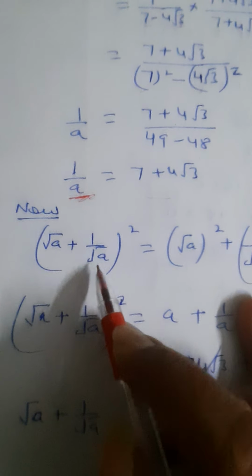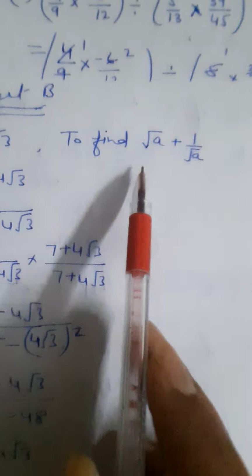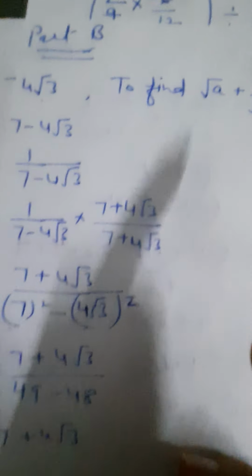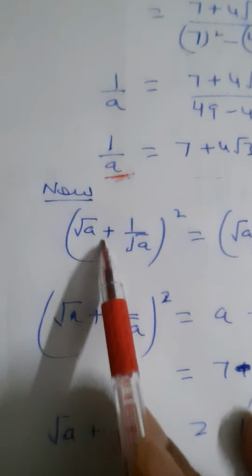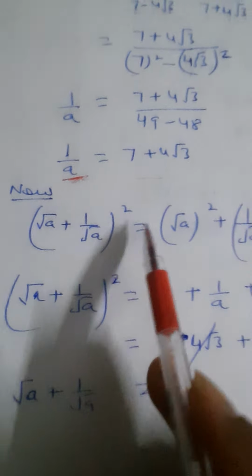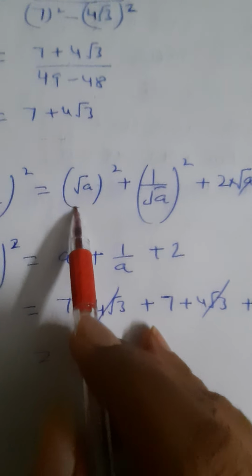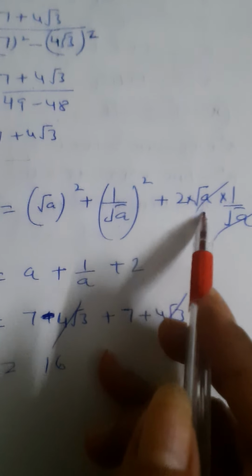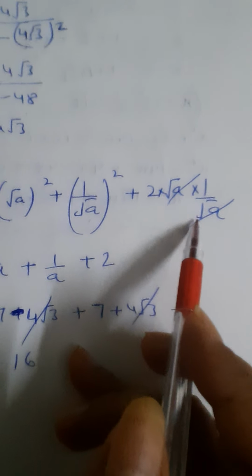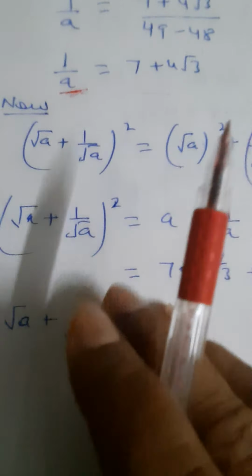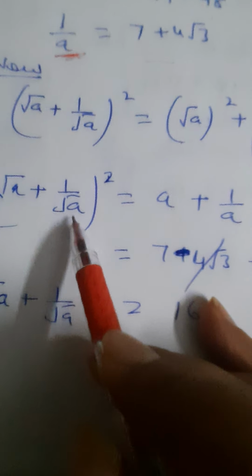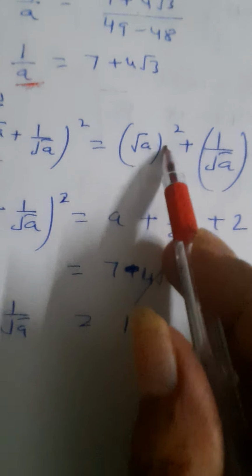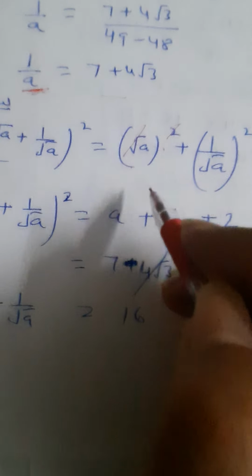And what was I required? I required root a plus 1 by root a. That's why I will do root a plus 1 by root a whole square. So it means root a square plus 1 by root a square plus 2 into root a into 1 by root a. Okay. So this is like this only. Now root a square, we all know square will get cancelled by this.